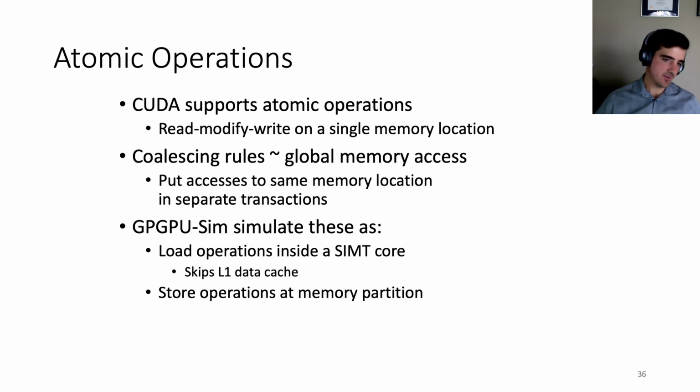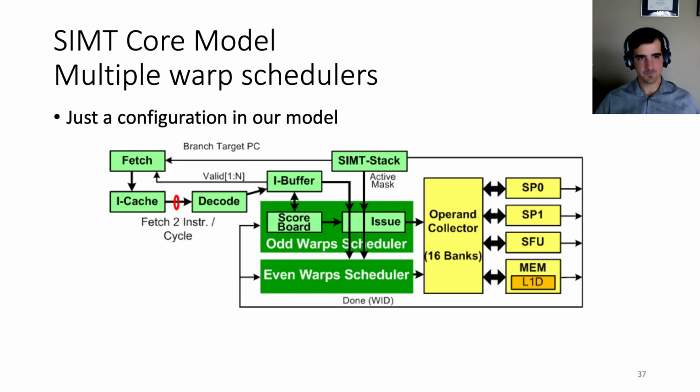If you have all 32 threads in the warp attempting to do an atomic update on a single float value, you will send 32 separate transactions to the L2. That's how it's implemented in the simulator. It's most likely not how it actually works in real hardware. There's ongoing work on trying to fix this and make it act more like what real hardware does. But if you're using the simulator as it is today, that's how the atomics work.